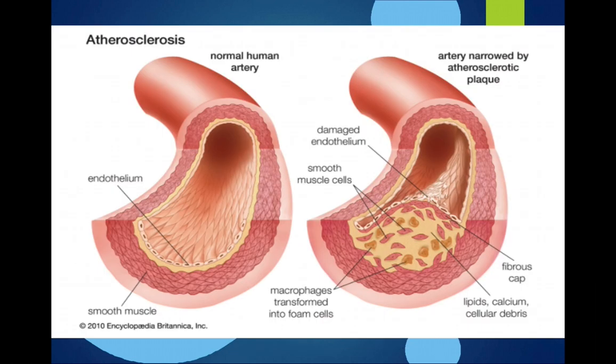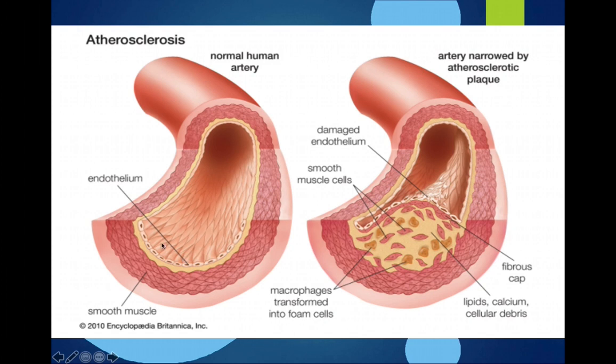So I wanted to show you a normal artery here on the left-hand side. Let's review some of the basic anatomy of an artery. So the inner lumen, if we look here, here's the inner lumen. It is simple squamous cells. You see how it's one cell layer thick. That's the endothelium, but it is simple squamous epithelium, one cell layer, so this layer can be damaged easily.